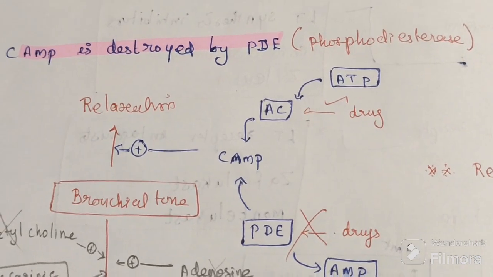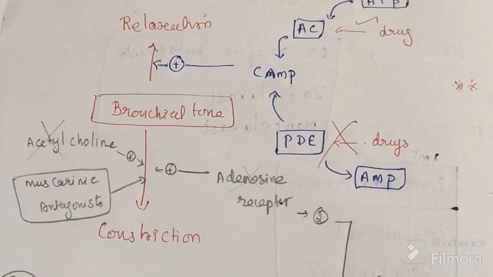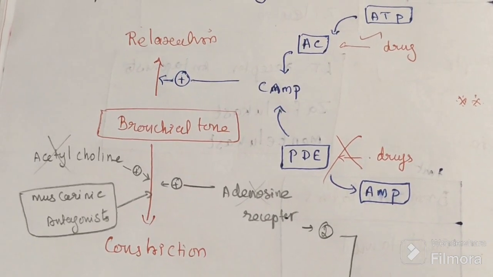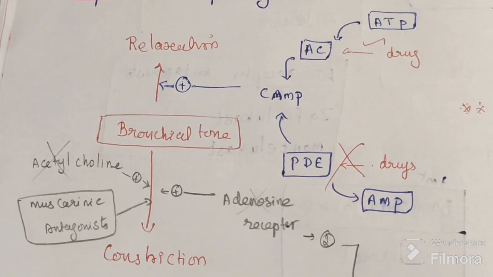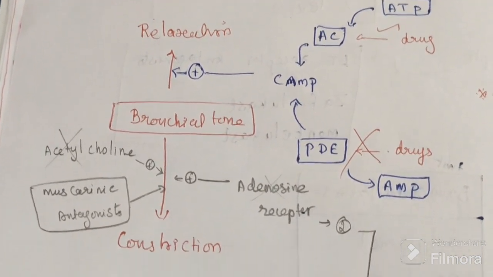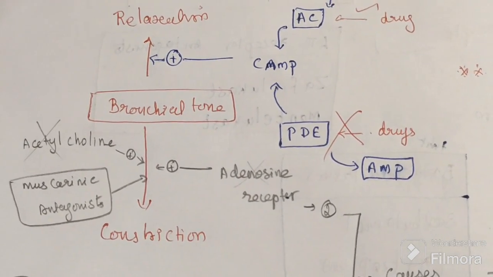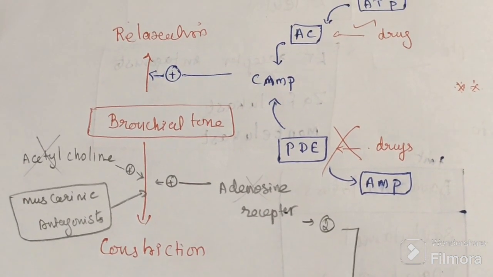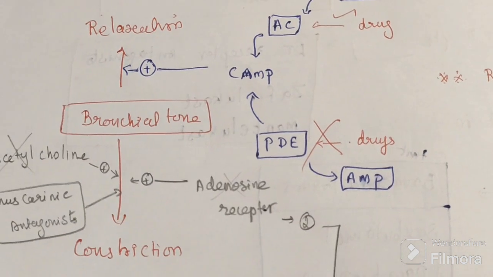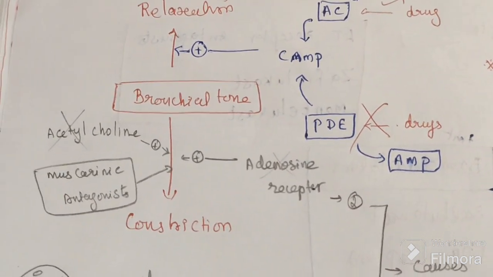Contraction is done by two things. In the muscle, muscarinic receptors are present, so acetylcholine causes contraction.